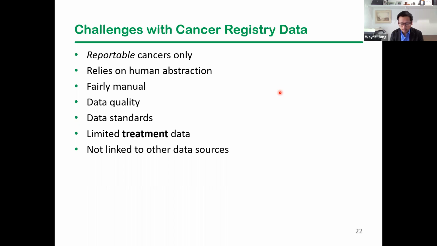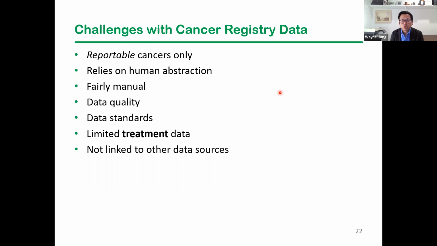For example, data standards are fairly available for medications, or there's pretty well-established data standards for identifying tumors and the grading and staging. But there lacks a lot of data standards in other areas that are relevant to cancer care. Of note, the treatment data in cancer registry data is very limited.